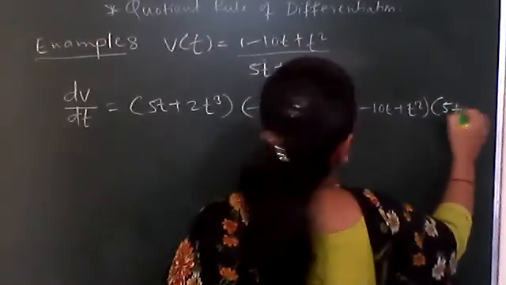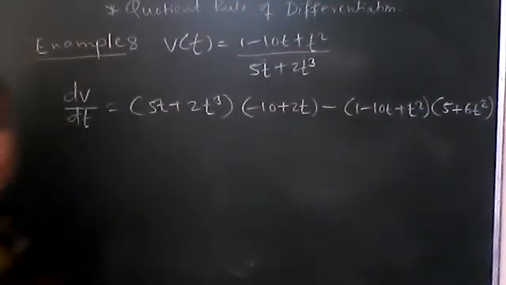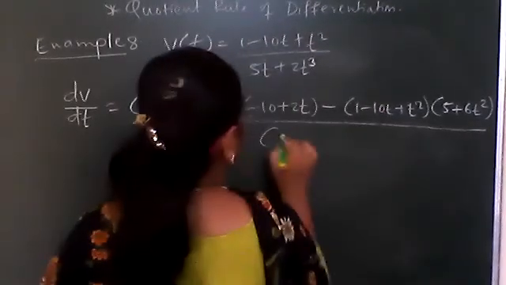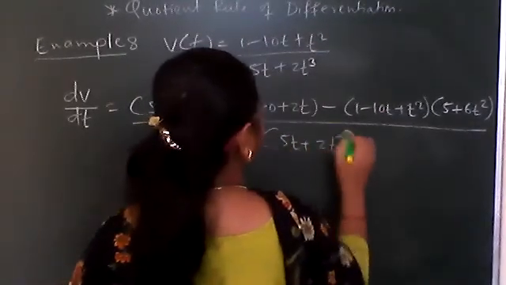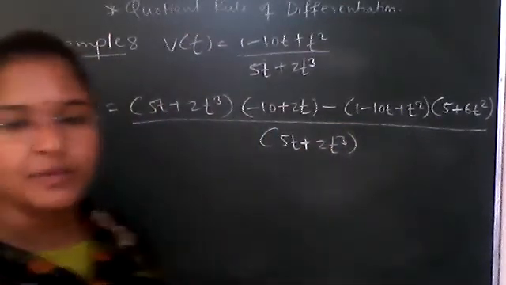That is 6 times t square. Okay, whole thing divided by 5t plus 2t cube.